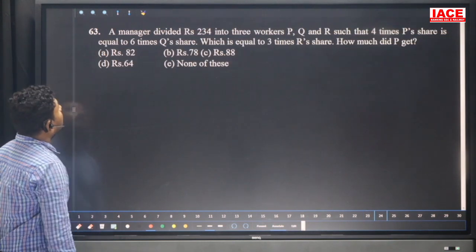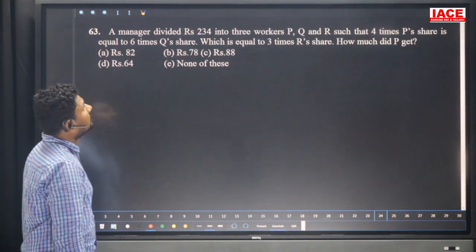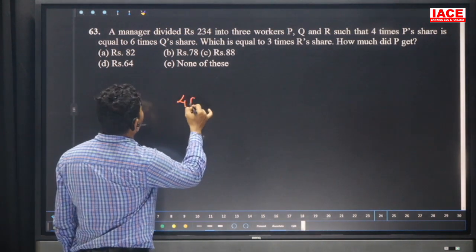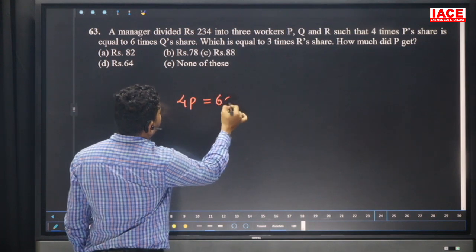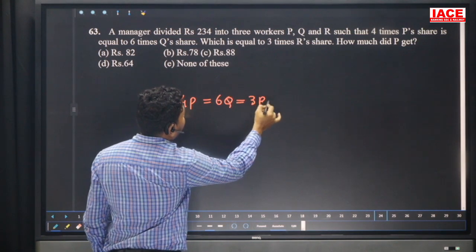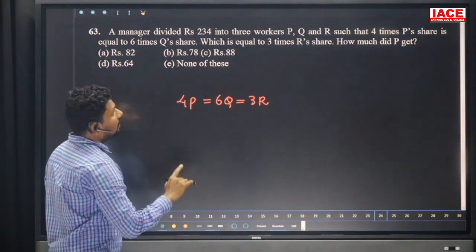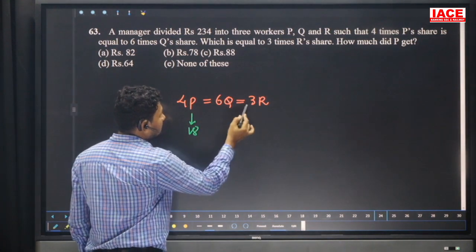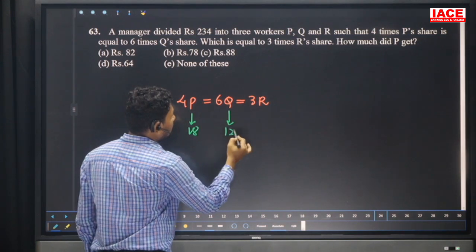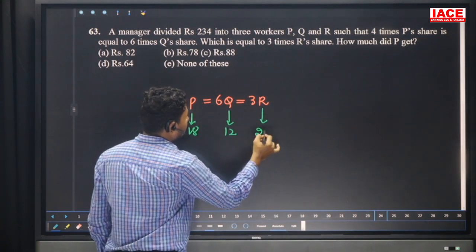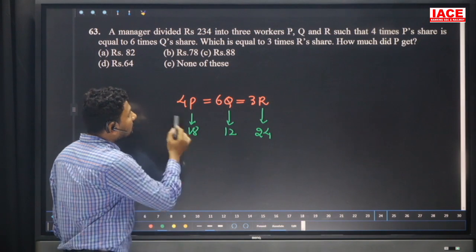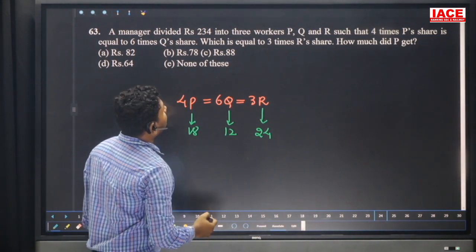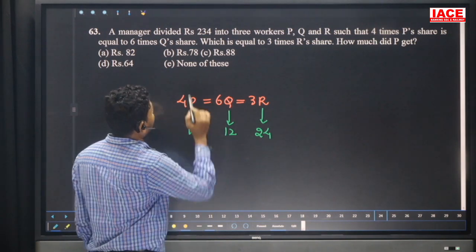Then the next question. A manager divided 234 among 3 workers P, Q, R such that 4 times P is equal to 6 times Q, which is equal to 3 times R. Then how much will P get? The P value is 18, that is 6 3s, the Q value is 12, and the R value is 6 4s, 24. Then the quotients multiplied give the ratio 18 is to 12 is to 24, with the total value 234.